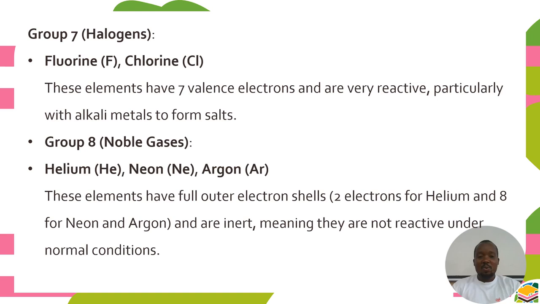So, what does it take for a given element to be in a given group? For the periods, we said the number of shells. What about for a group? What does it take for an element to be in a given group?